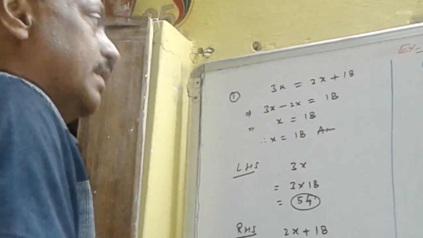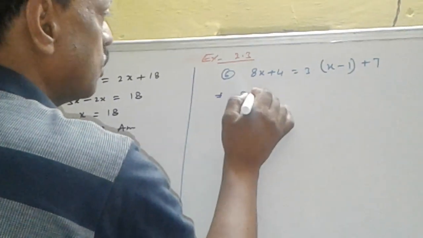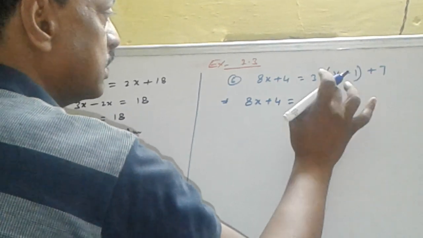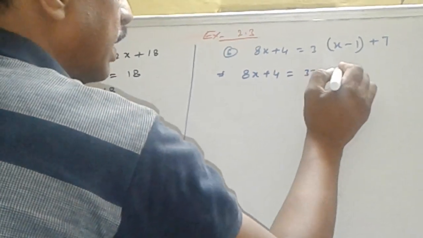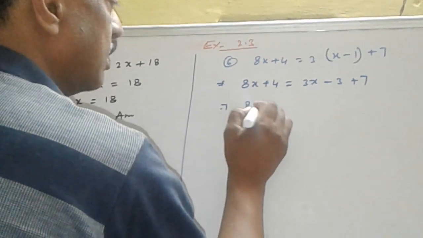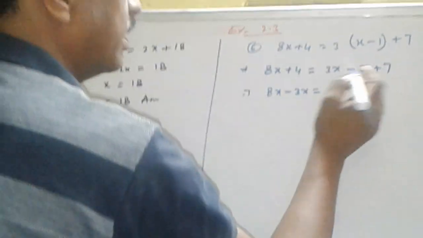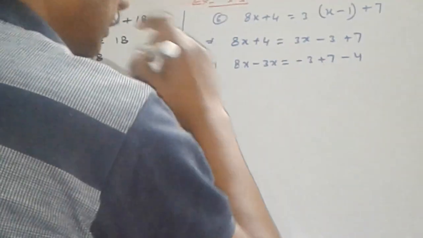So at first we will find out the value of x from this equation. 8x plus 4 equal to this 3 will be multiplied to both x and as well as minus 1. So 3x minus 3 plus 7. x will be on the one side, so 3x will come here and 4 will go to that side.